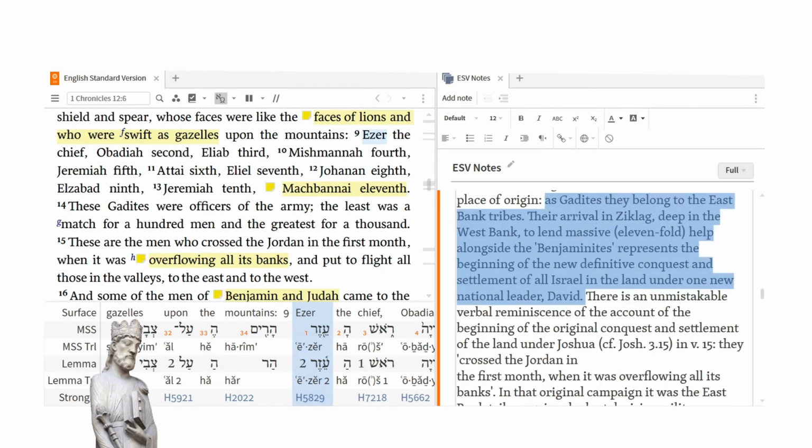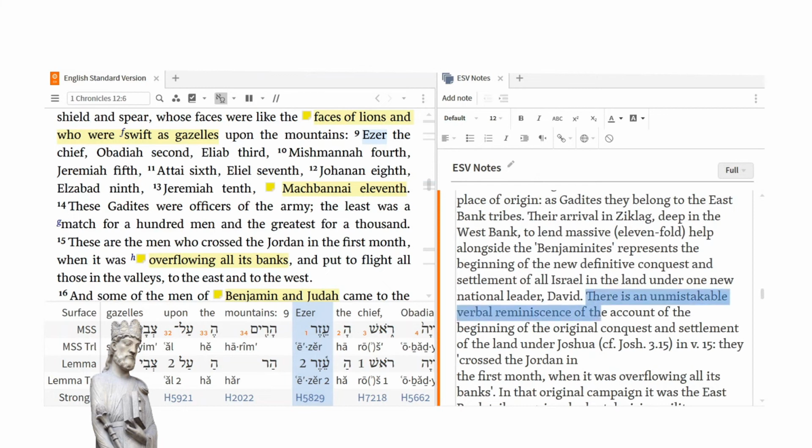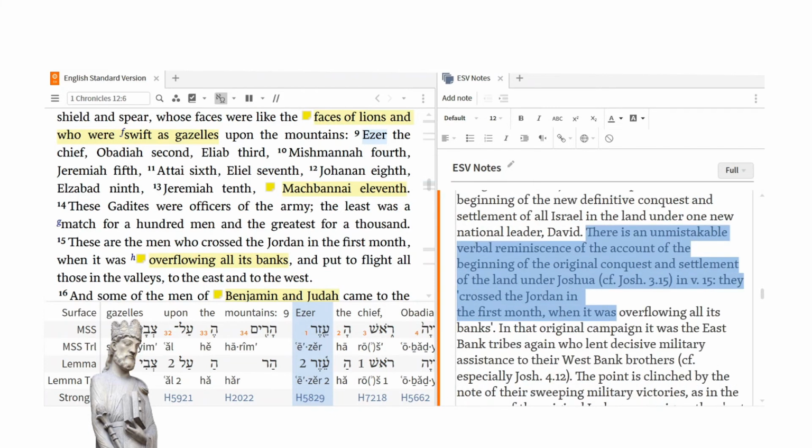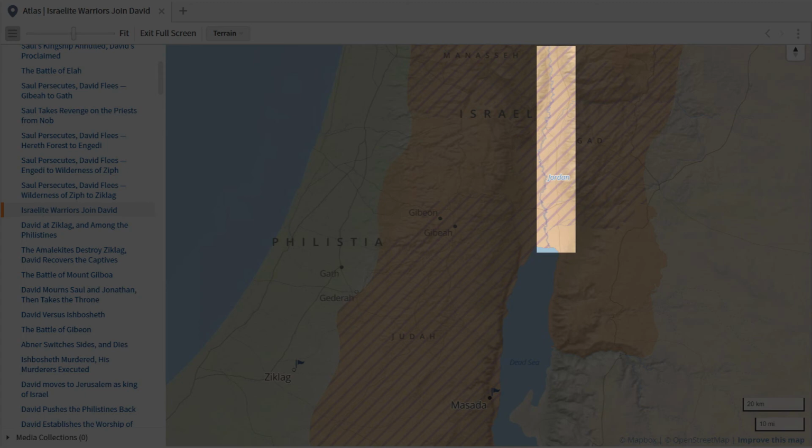And here he's going to note that there's an unmistakable verbal reminiscence of the account of the beginning of the original conquest and settlement in the land under Joshua 3:5. In verse 15, they crossed the Jordan in the first month when it was overflowing all its banks.